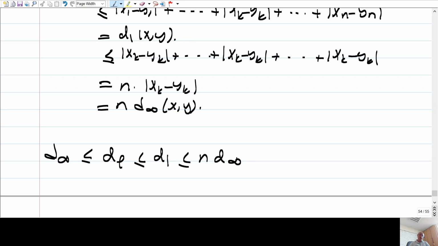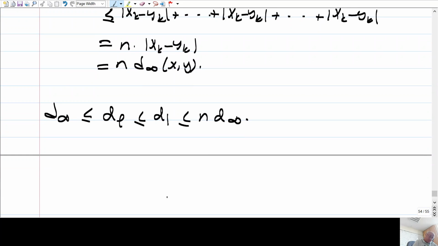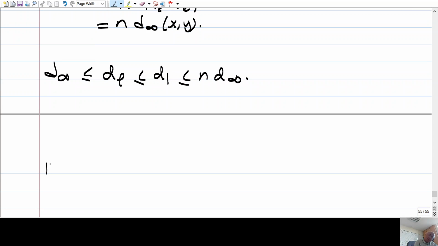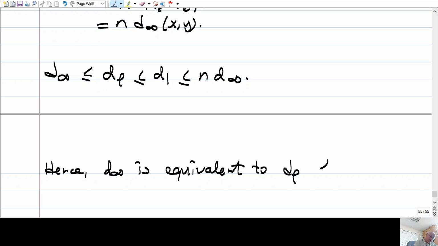Okay, so this means what? D infinity and d rho are equivalent for any rho, right? Hence, d infinity is equivalent to d rho for any rho larger than 1.